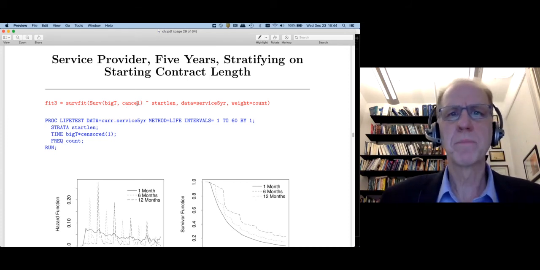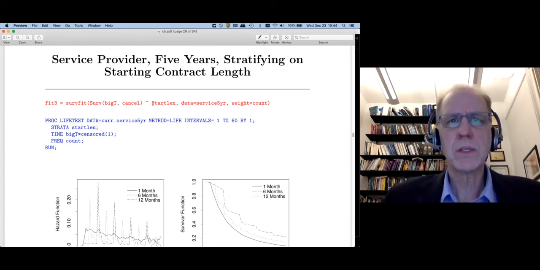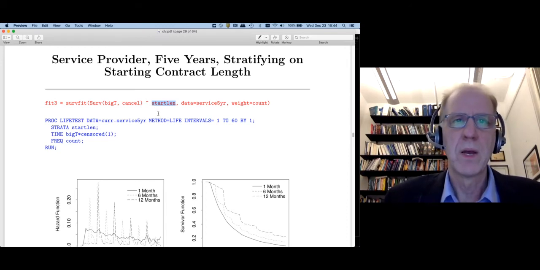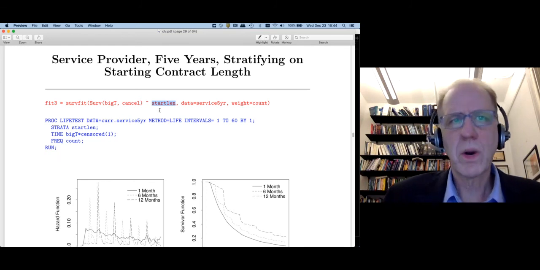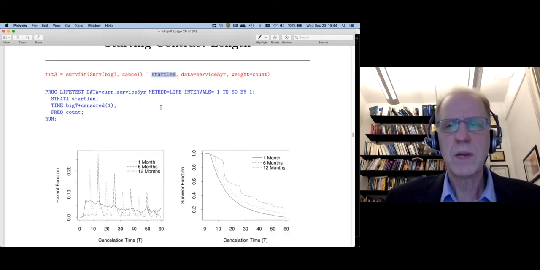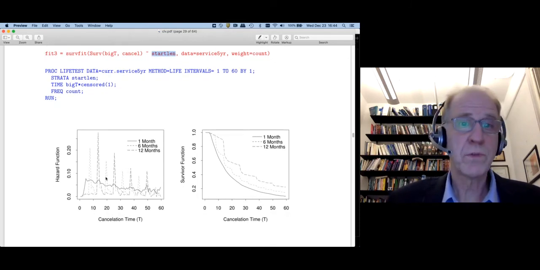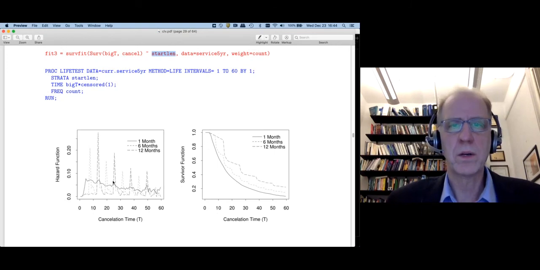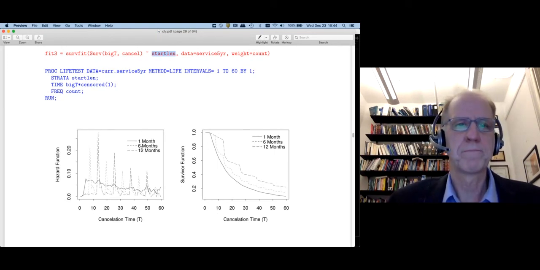So the way you can break it out by some discrete covariate is, instead of saying tilde 1, you say tilde start length. And this is going to stratify your survival analysis by this starting length. So now I end up with different survival functions depending on the length of the initial contract period.